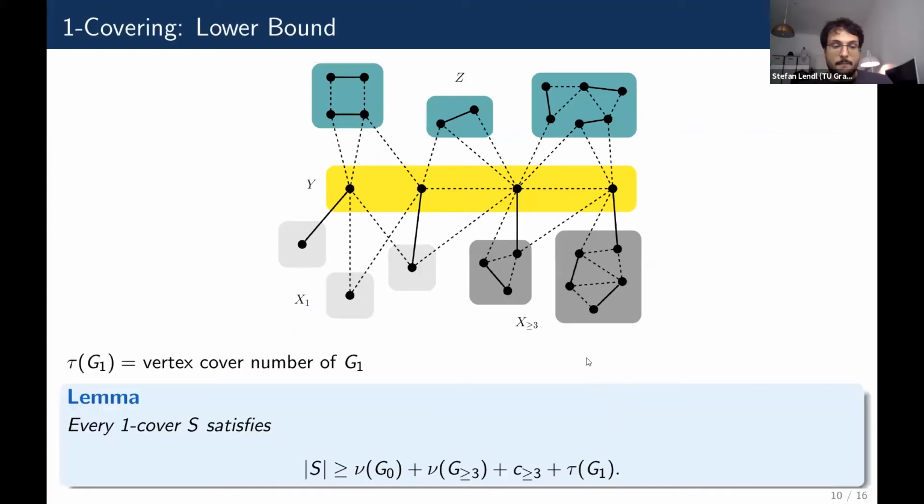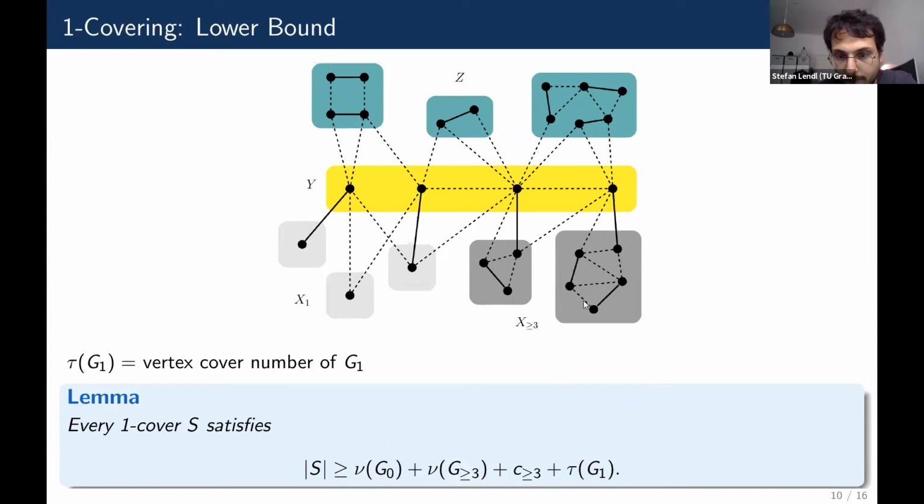And now we are able to prove the following lower bound on the cardinality of any one covering set S. So if S is a one covering set, and we can assume by our result before that S is in canonical form, we have the following lower bound. S has at least the size of a perfect matching in G0, so of a perfect matching up here, then a perfect matching in the dark gray components.